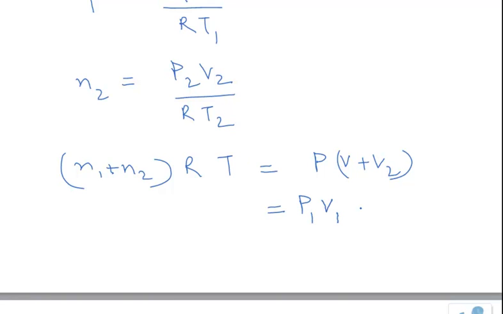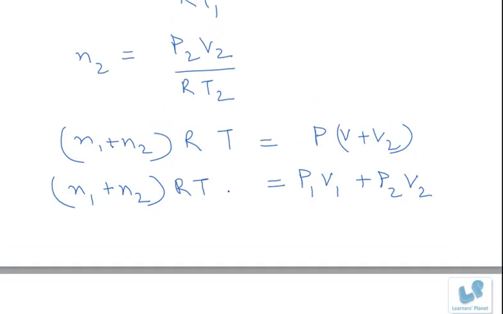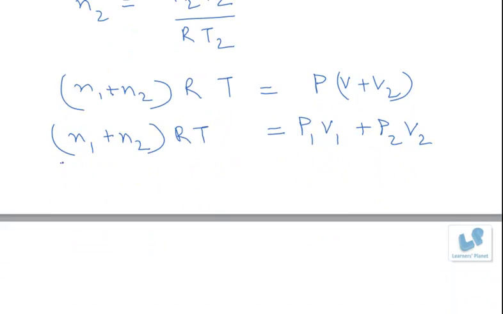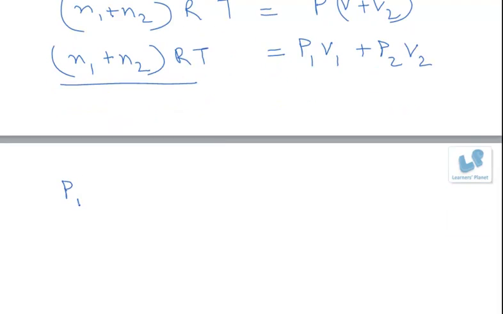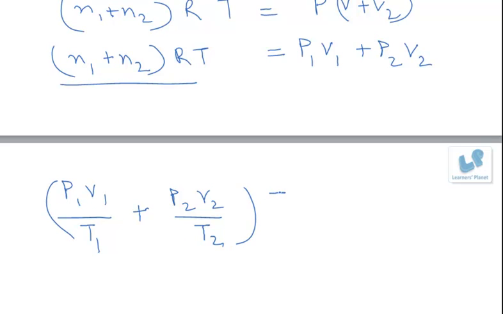So P1 V1 plus P2 V2 is equal to N1 plus N2 times RT. Now this N1 plus N2 times R can be written as P1 V1 upon T1 plus P2 V2 upon T2, times T is equal to P1 V1 plus P2 V2.